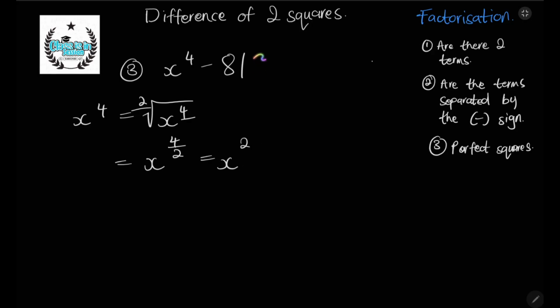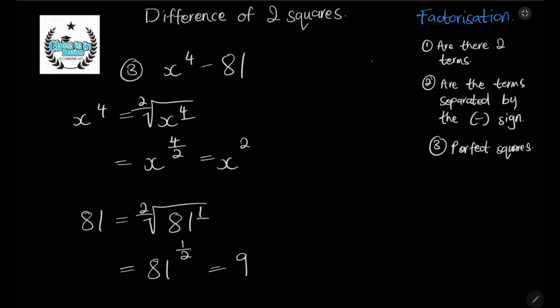Now let's move to the second term. We have 81 under a square root. The exponent is obviously an invisible 1. So this should be 81 to the power inner over outer, 1 over 2. 81 to the power 1 over 2 should give you 9. So in the first bracket, we should have x squared and 9.